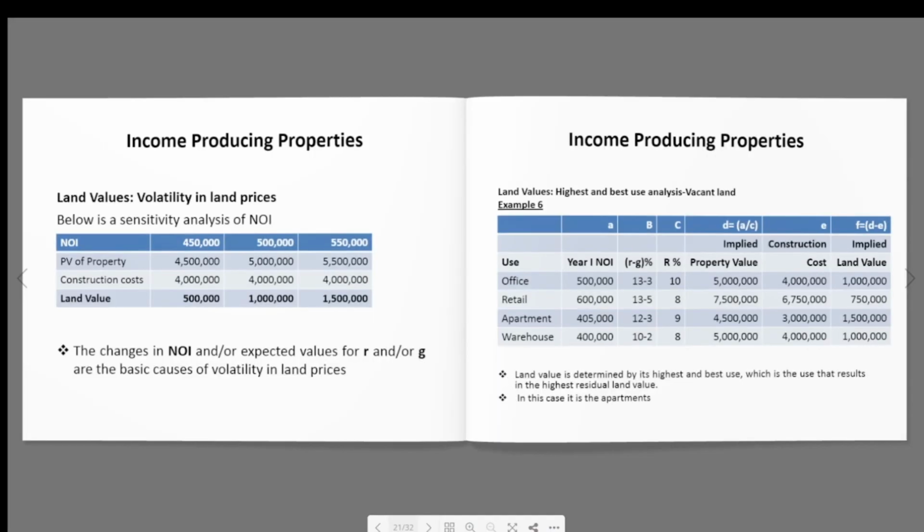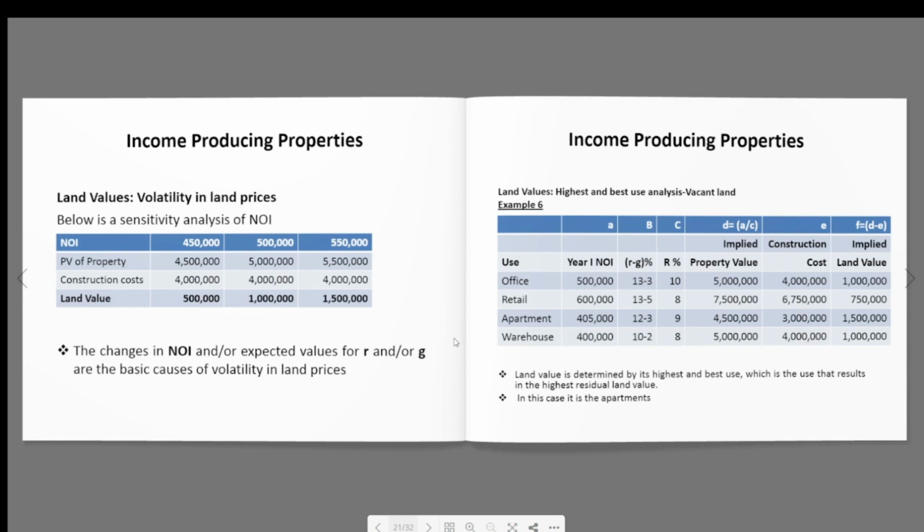So it's also important for us to note that land values might change depending on the net operating income, expected values for the growth rate, and the expected returns of the investments.